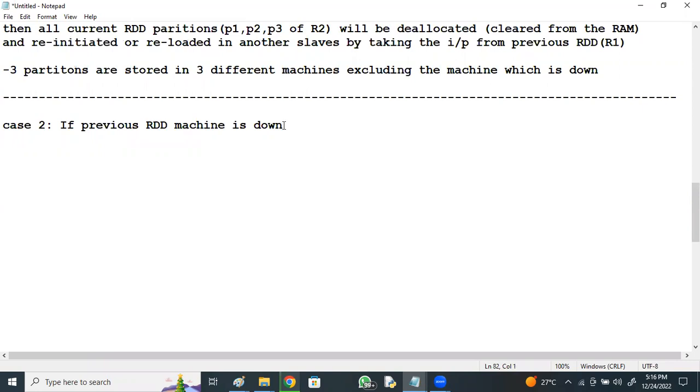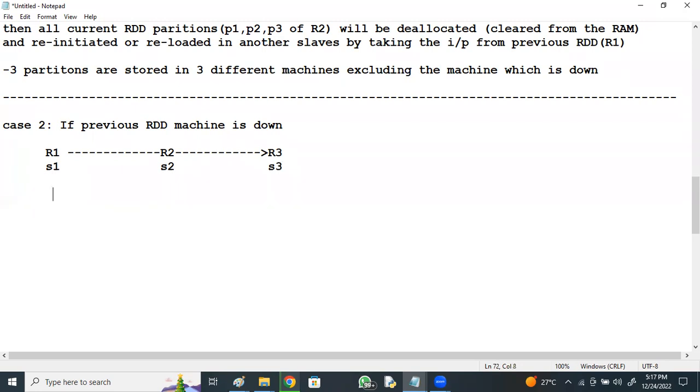Consider RDD1, RDD2, RDD3. Assume only one partition is stored in S1 and S2, only one partition available. R1, R2, R3.